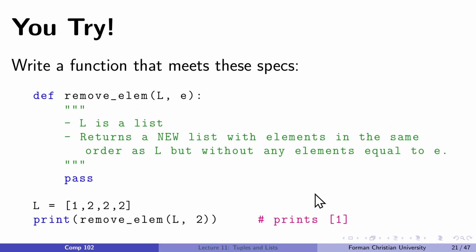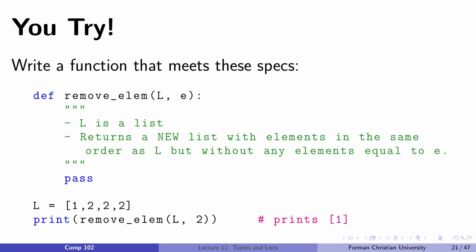All right, next exercise. Write a function, remove_element. So basically, you're given a list that is being passed as a parameter, and then you're given an element that is being passed as a parameter. What you need to do is create a new list, and then return that new list.